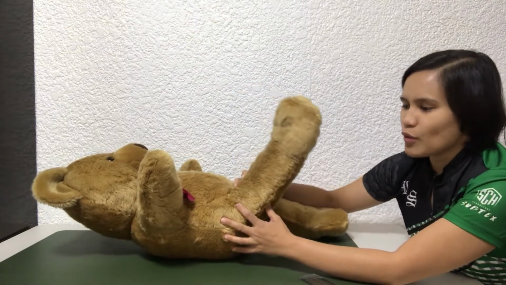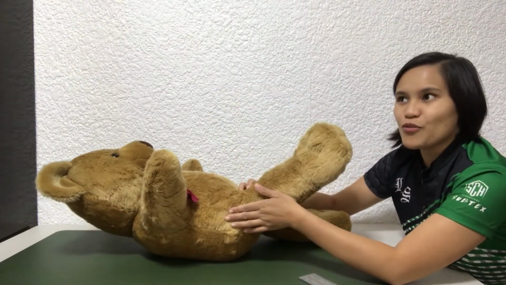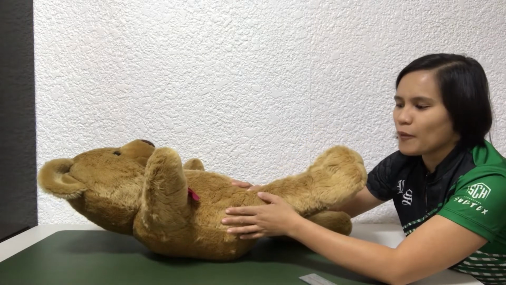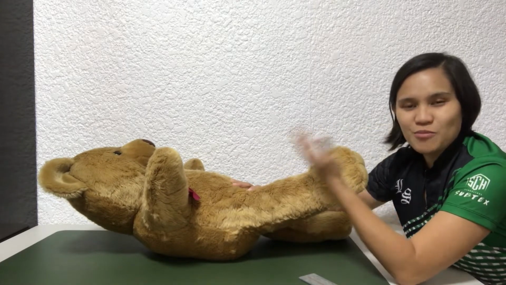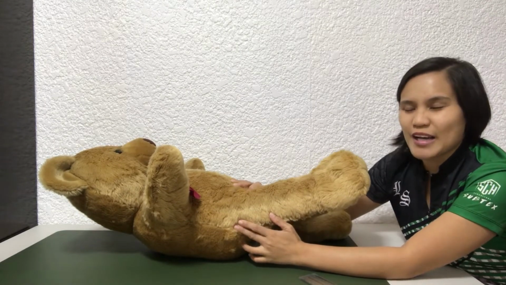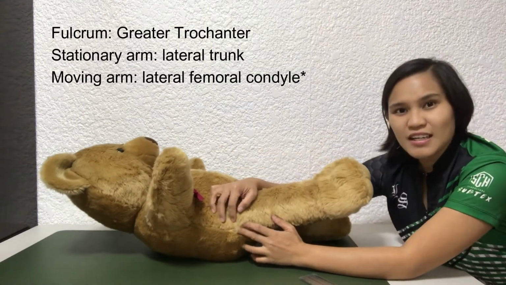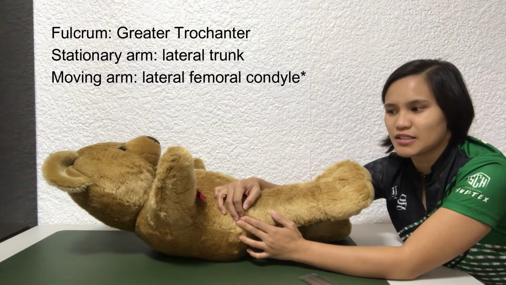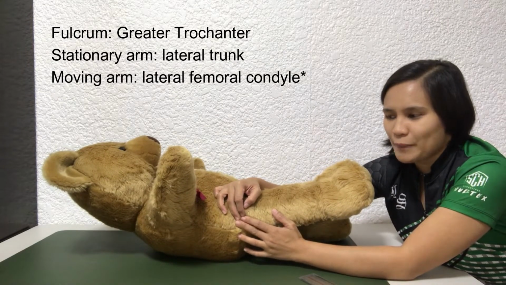Now, what we're going to do is first identify the specific bony landmarks. For a person, the bony landmark for hip flexion is the greater trochanter. That is the fulcrum of the goniometer.